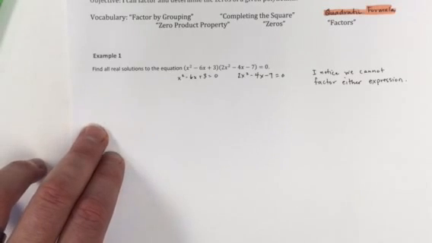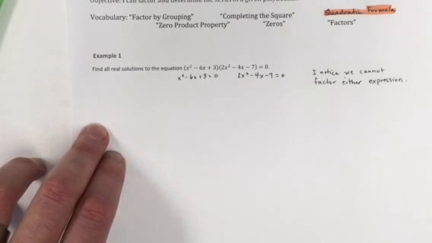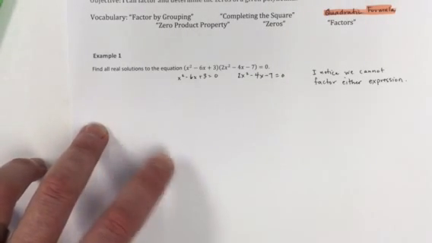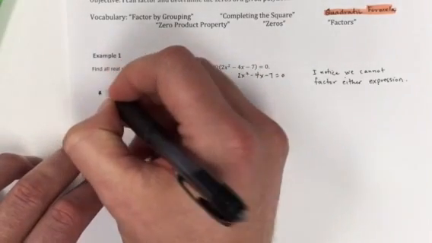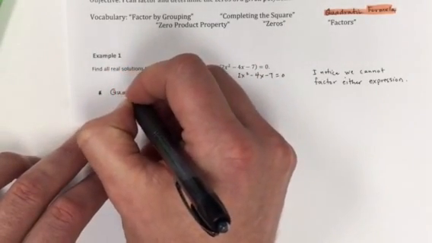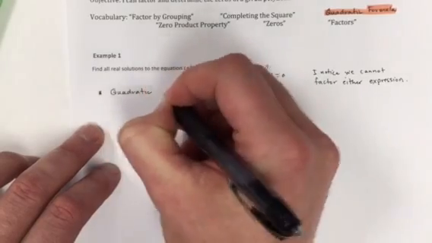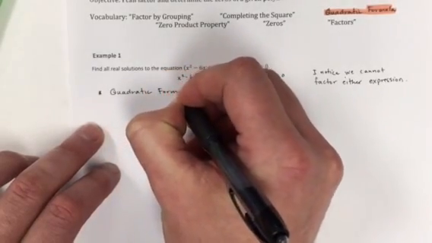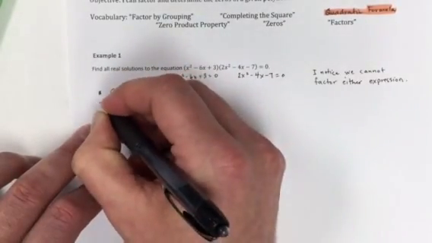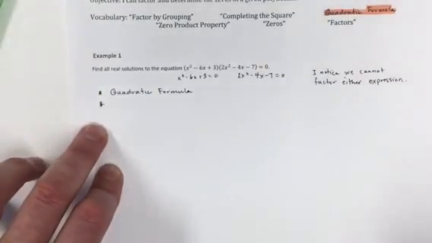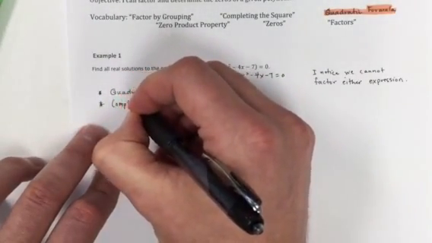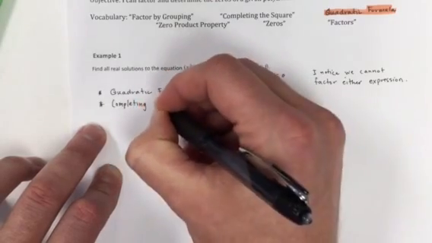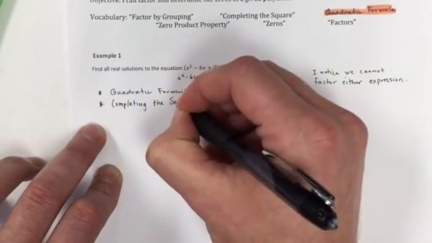One tool that you learned a while ago was the quadratic formula. So you might want to start this. This is the quadratic formula. And to even be able to begin proving the quadratic formula, you had to know this concept called completing the square.